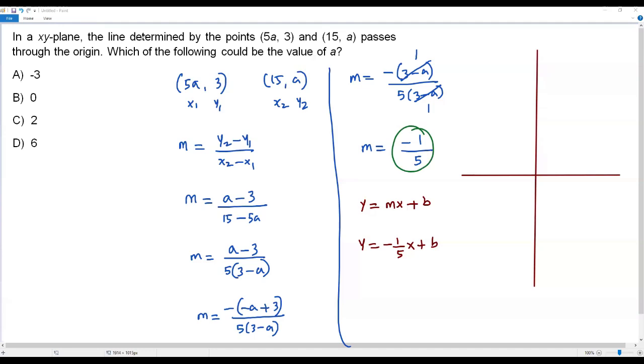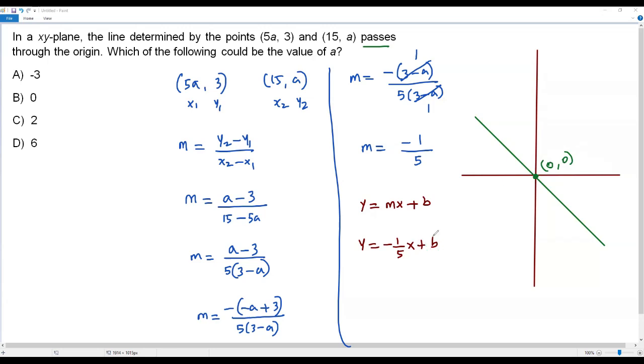Since the slope is negative, the line must be a falling line, and it must pass through the origin according to the given information. Let me draw a falling line which passes through the origin. So the origin (0, 0) is the y-intercept of the given line, and at the y-intercept the y-coordinate is 0. So the value of b is 0.